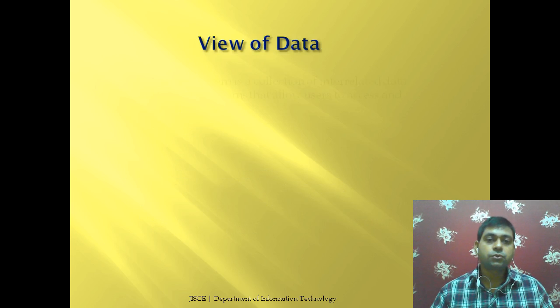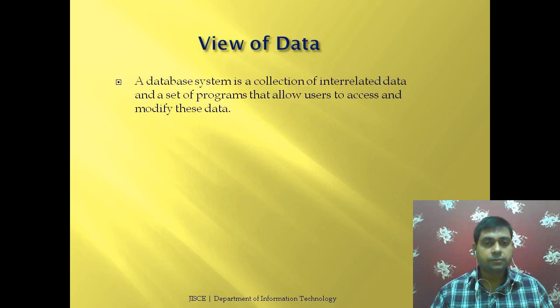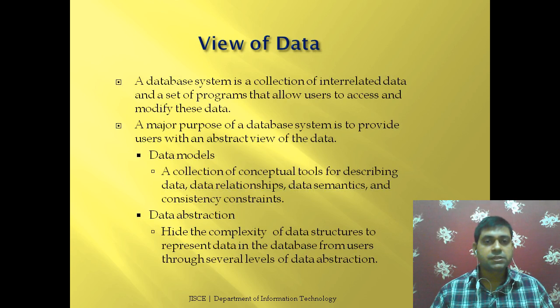Now coming to view of data. A database system is a collection of interrelated data that we already came to know when we discussed the database management system. A major purpose of database system is to provide users with an abstract view of the data, like the data model on one side and another is data abstraction.